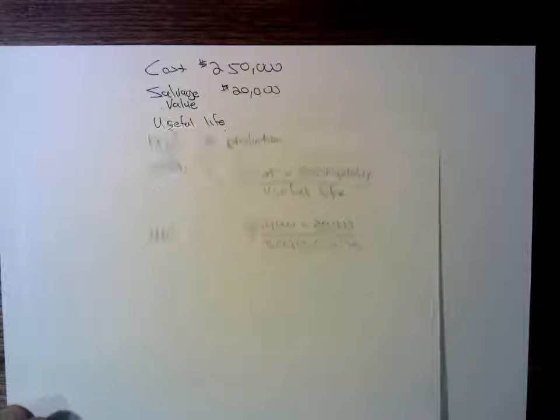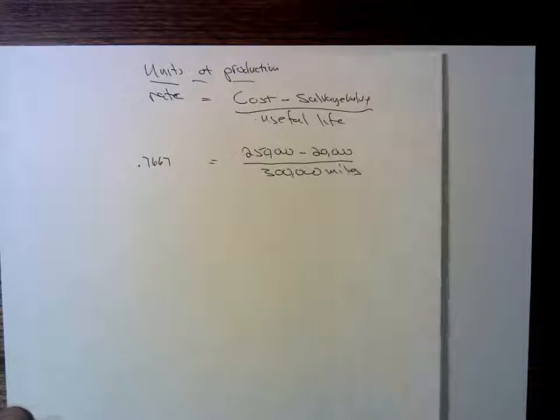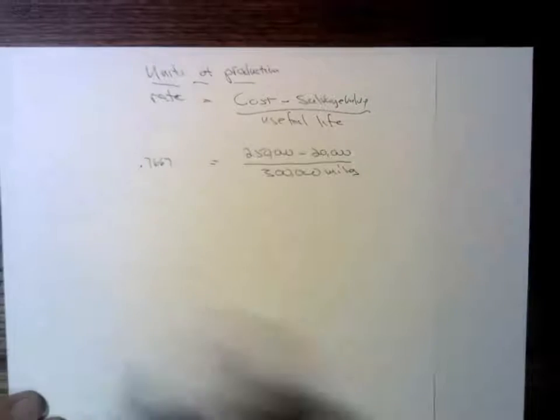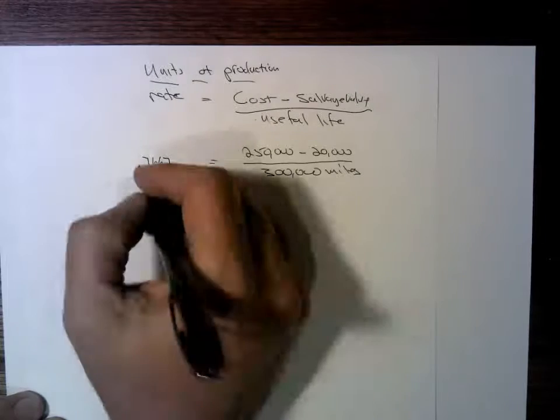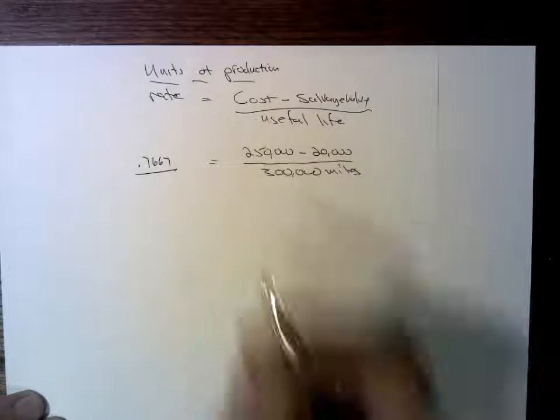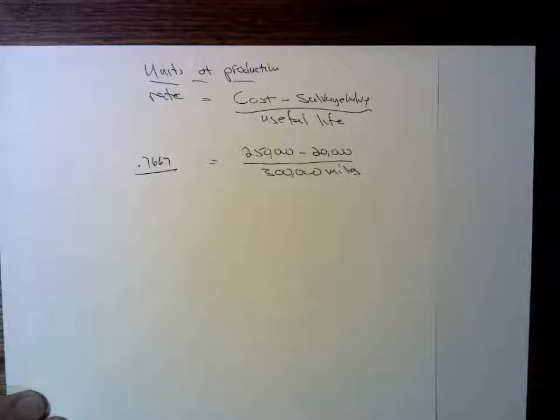Now, we don't need to see that anymore, so we'll put that up there. I'm going to build my little table. Before we do that, remember that's our rate. We have to know our estimate for how far we're going to drive this thing. So I'm going to leave that rate up there.